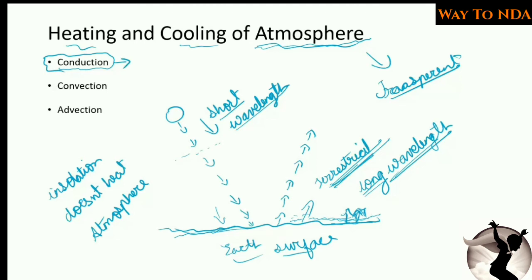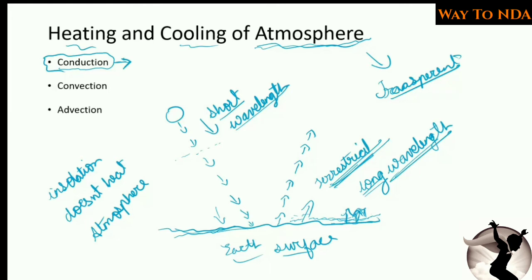So the heat is transferred into the atmosphere from the earth's surface in the form of conduction. Okay, earth's surface is getting heated up and the heat is transferred to the atmosphere through conduction.